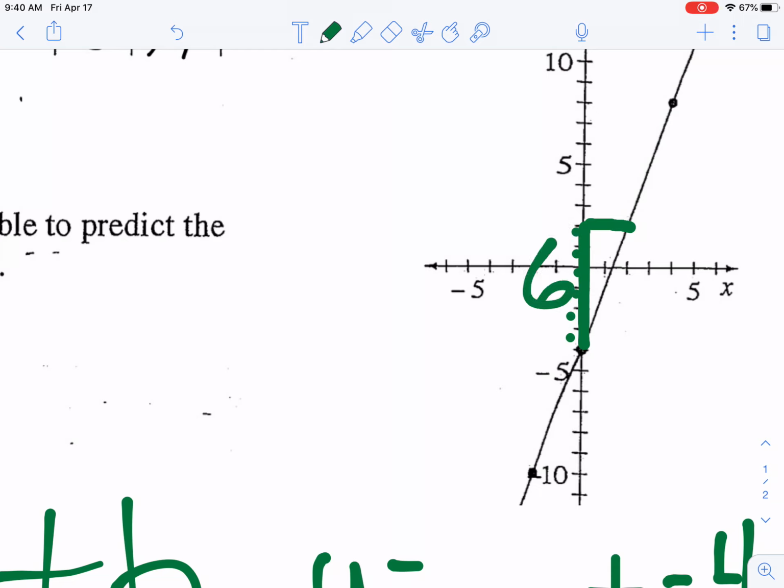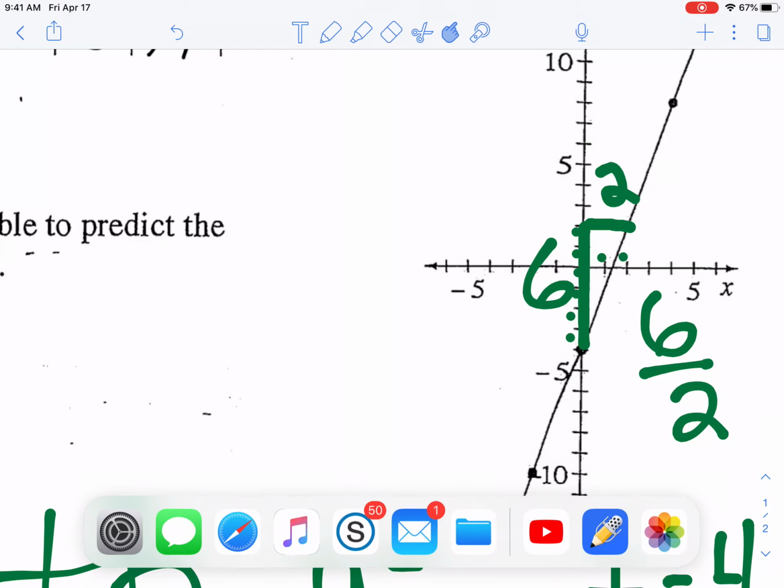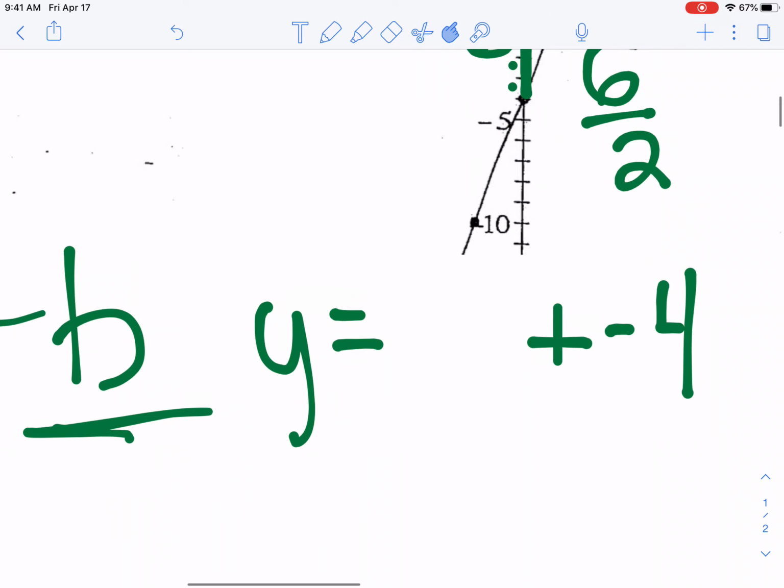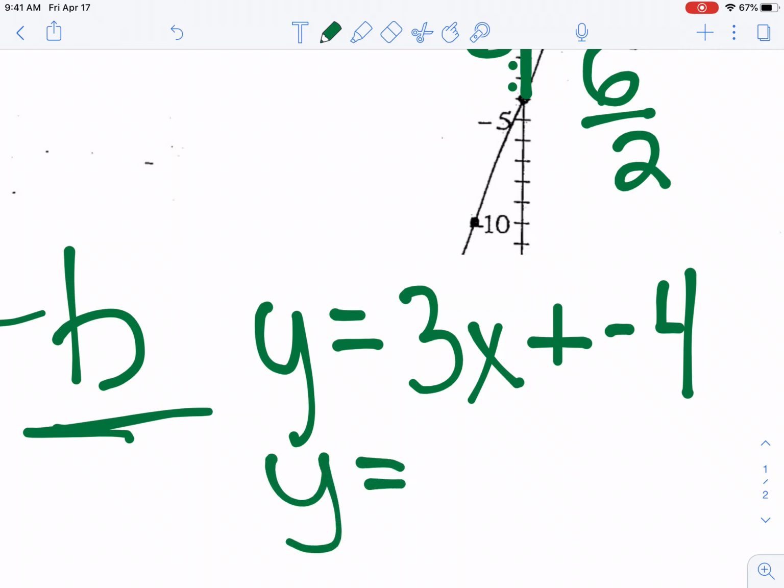And then how many did I go across? 1, 2. So if we're writing this as our slope, it would be 6 over 2, the rise over the run, and 6 divided by 2 is 3. So this should be 3x plus negative 4, or I could write it as y equals 3x minus 4.